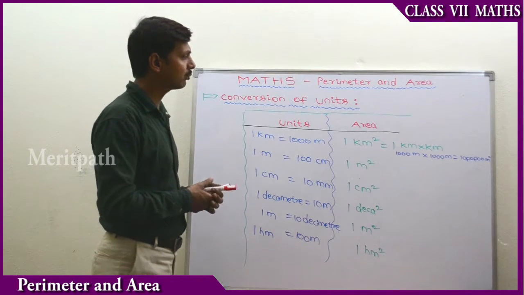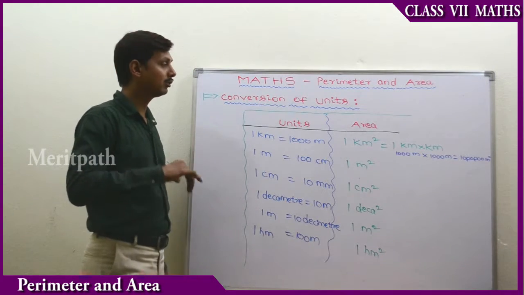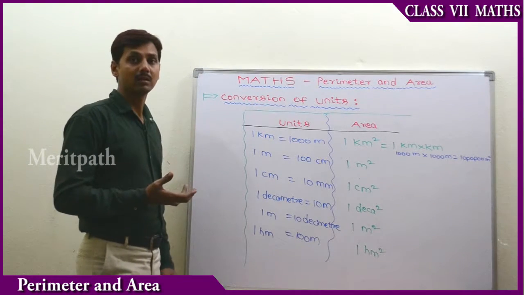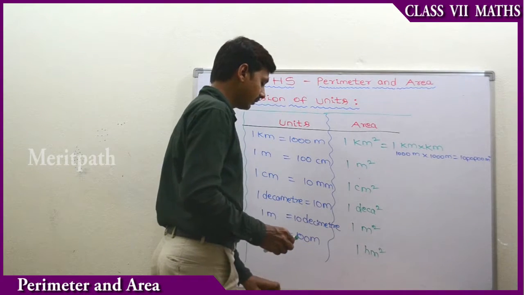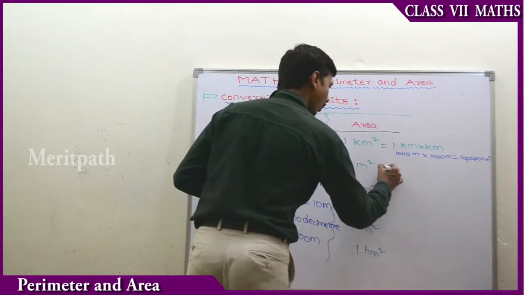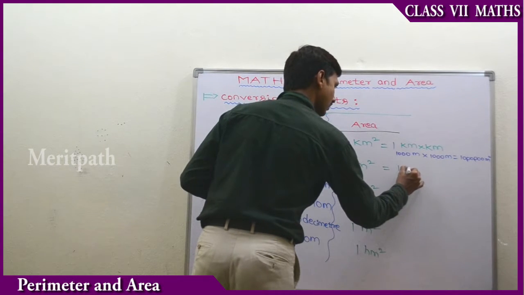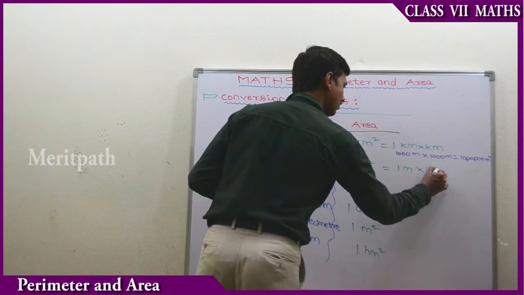So let's go to the next one. That is 1 meter square. We need to change it to centimeters. As we have discussed, this is 1 meter into 1 meter.